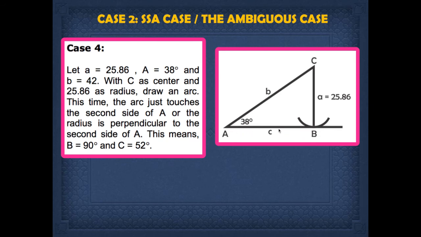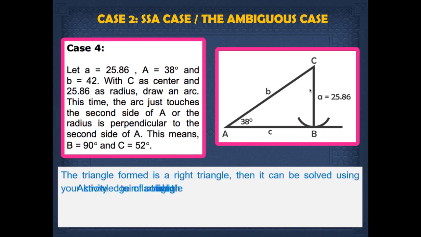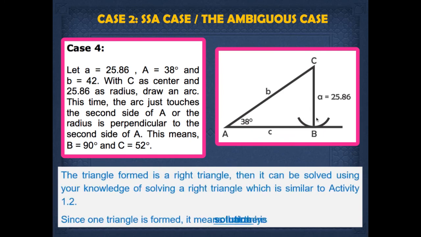Okay? So this means that the radius is perpendicular to the second side of A, which means that angle B here is 90 degrees. So if B is 90 degrees, then angle C will be 52 degrees. Now notice that since angle B is 90 degrees, here we were able to form a right triangle.